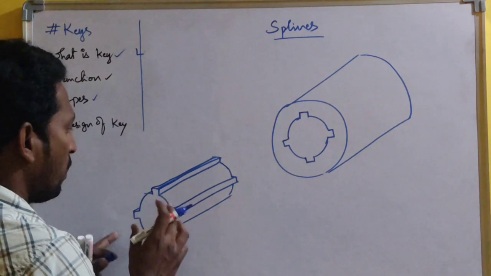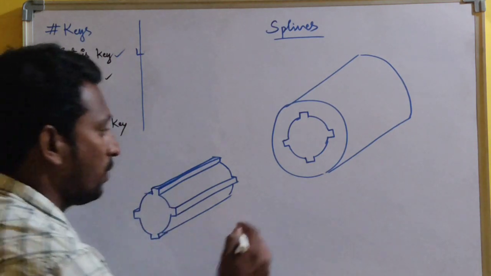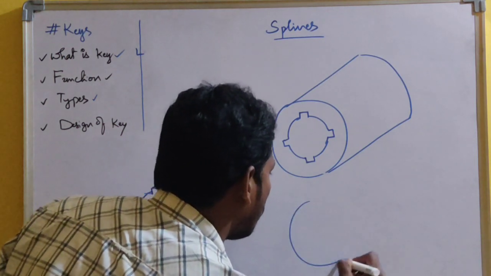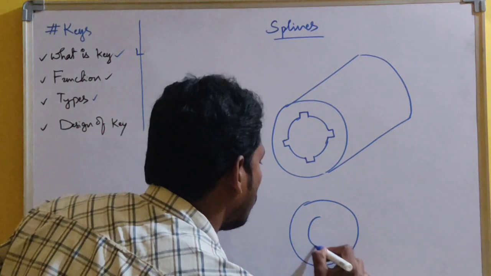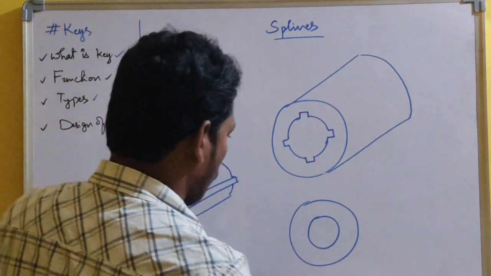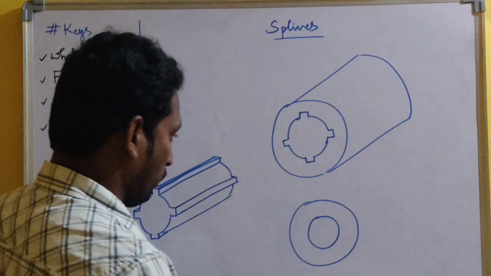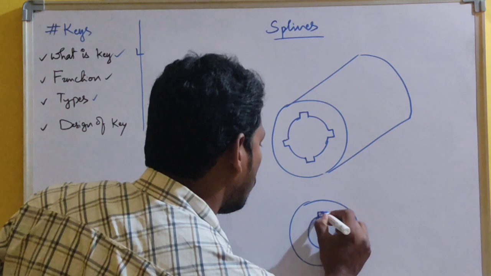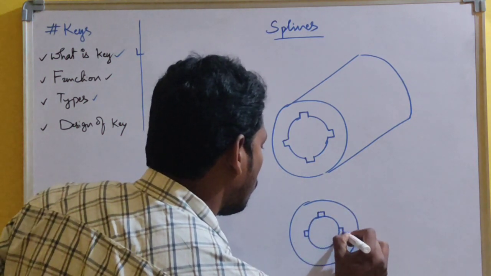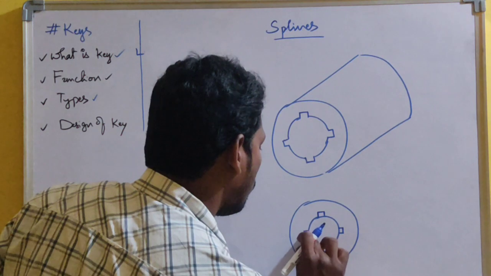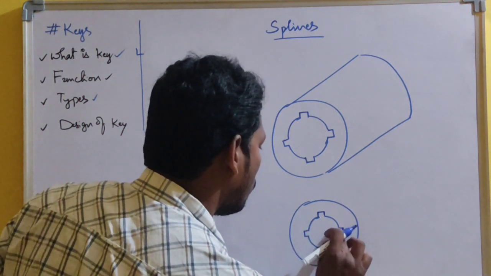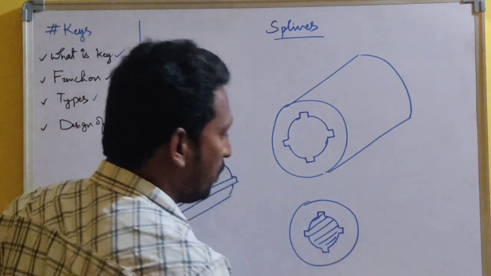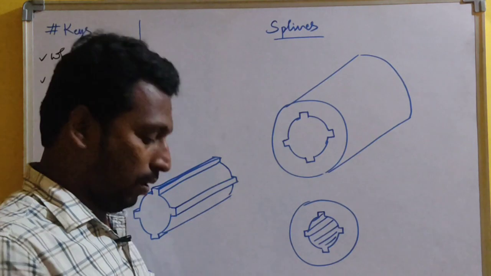Now the dimensions of this splined shaft. This one is the solid shaft and this one is the hub.